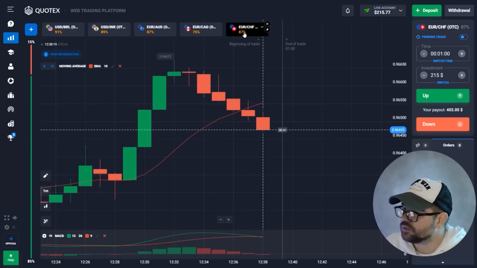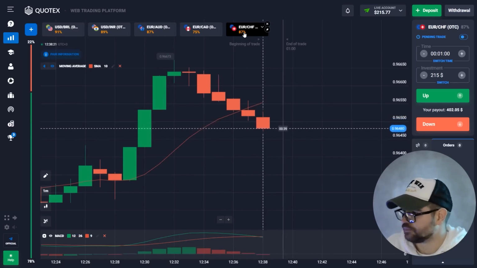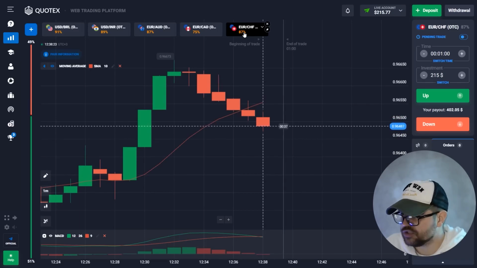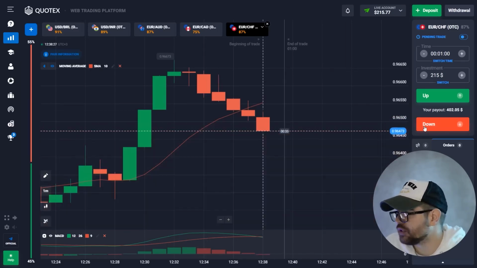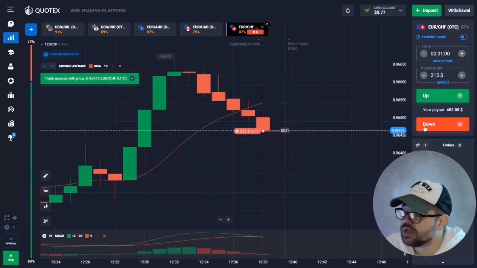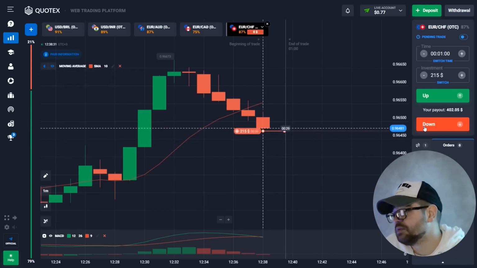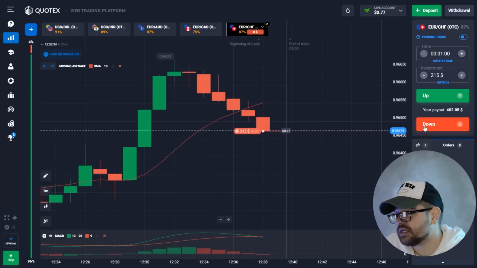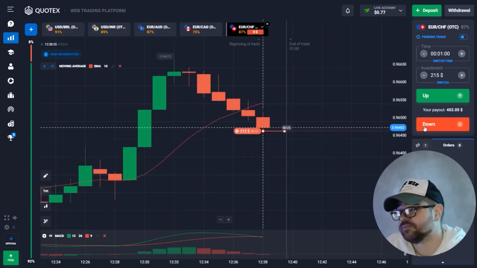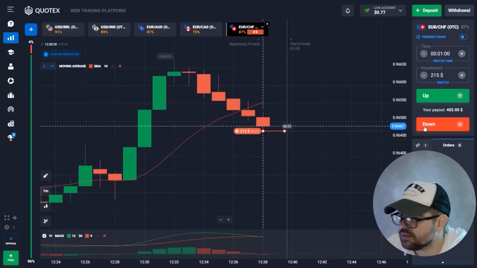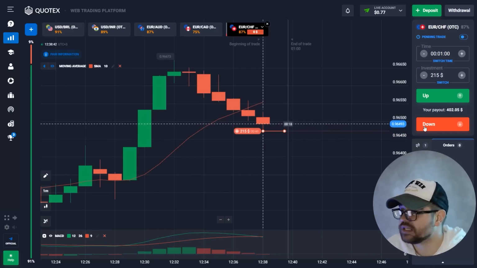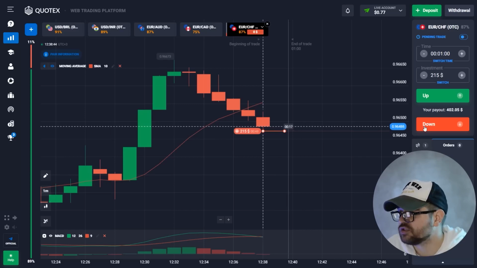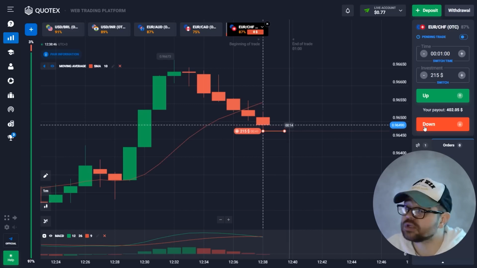Okay, so right here we see the moving average works as a support level basically here. So a put option is to be made as it had crossed this line. So the market had crossed down this support level, which is moving average really, but acts as a support level.